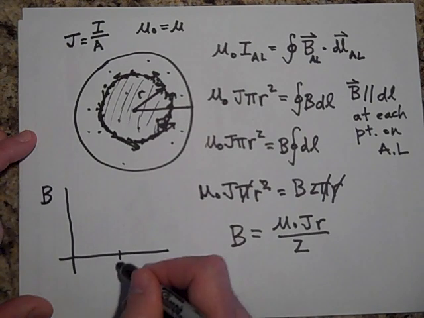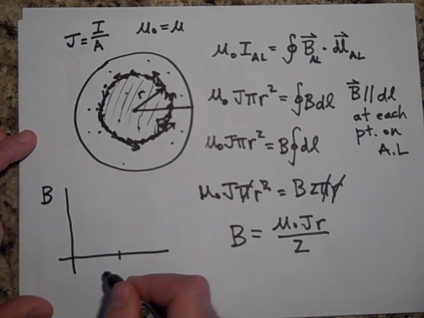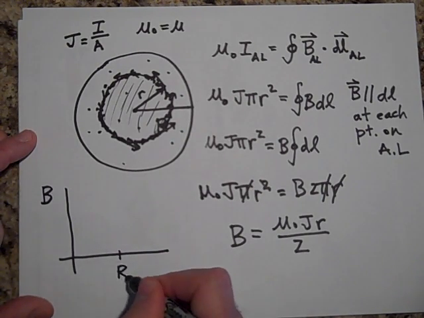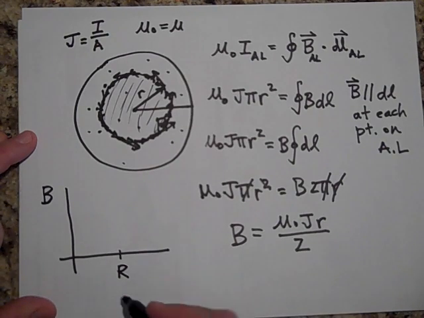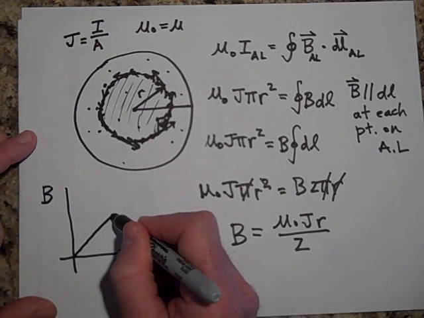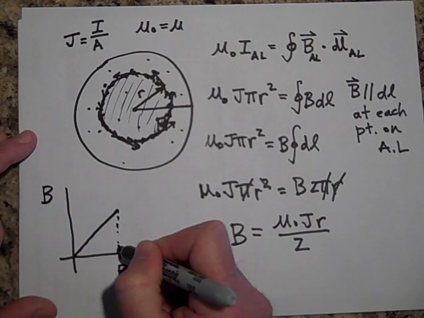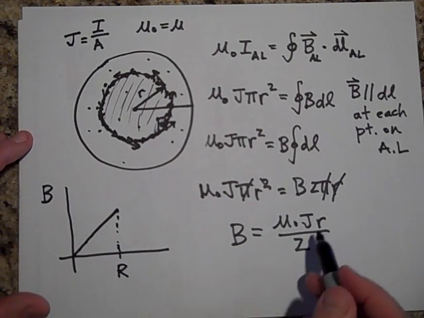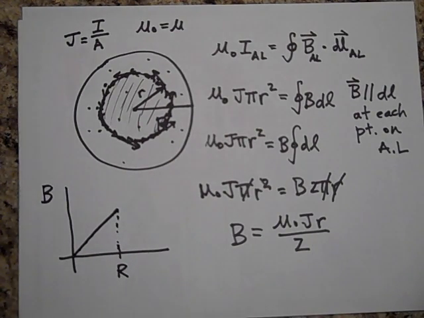So I'm only going to plot this from 0 to r for right now, because I don't know about outside. But inside, it's linear proportion. B is directly proportional to r. Okay, so that's for inside. Now, I will give you the argument for outside in the next video. All right, thanks, bye.